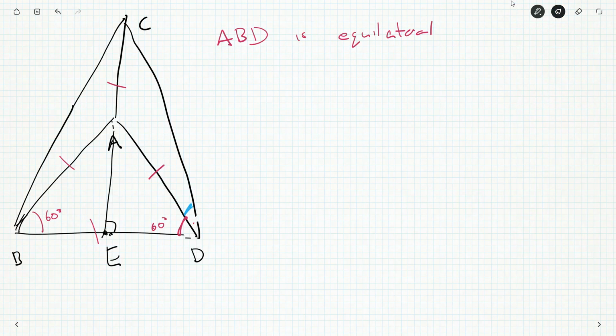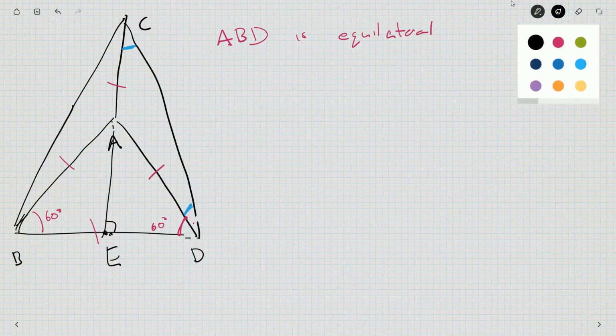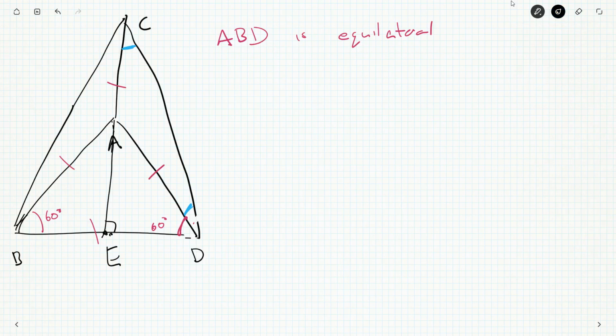Well, if I want that little blue angle, just chase it around the diagram. Since ACD is isosceles, we'll get that same angle up here. And what else can we say? So I'd probably say something like ACD is isosceles. So if I knew this angle here, I'd be all set.